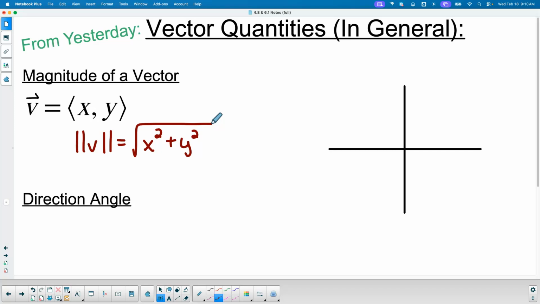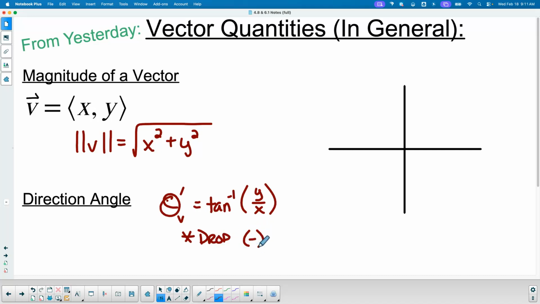Then we also said that for the direction angle, we use the reference angles. So the reference angle for vector v would be the inverse tangent of y divided by x, and we always drop any and all negative signs in there.